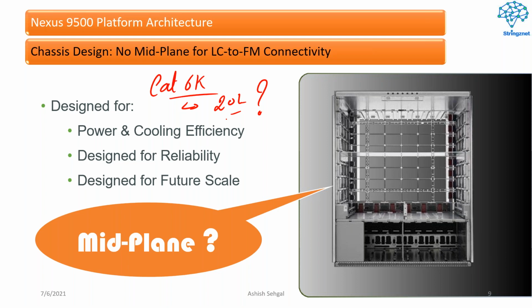So this chassis provides the best power and cooling efficiency, designed for reliability, designed for future scale. Guys, these are the marketing points. I'm not marketing this chassis, I'm just telling you the look and feel of this particular chassis, and what a beautiful architecture it has given us.